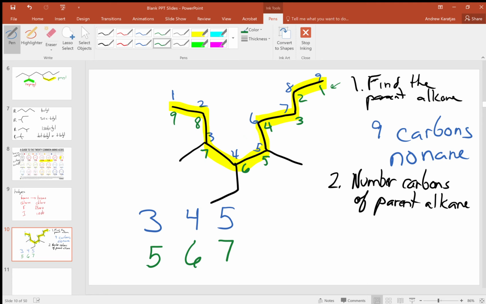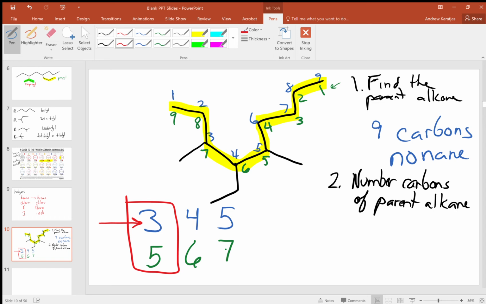So how do we pick? Well, we look at the first substituent in either direction. If they're different, we don't have to go any further. If they're the same, we go to the second substituent. If they're the same, we go to the third substituent, and so on. But wherever that first difference is, in this case it's at the very first substituent, we look to see which one is lower.